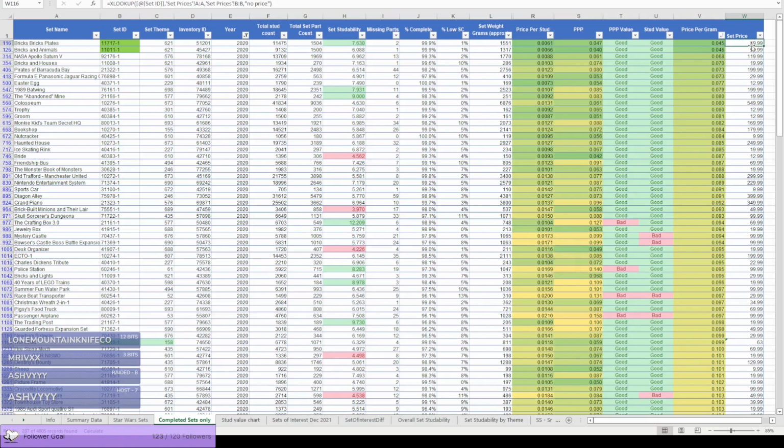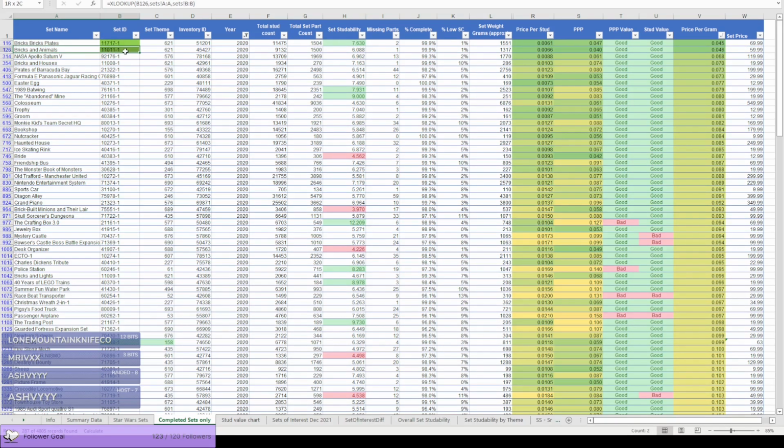So for $30, for half the price of this, which lowers this even further, this is the best value for, again, per gram of a set. So that's amazing. So if you wanted to get the best value by weight, this is the set that you should run out and buy, even today at $70.